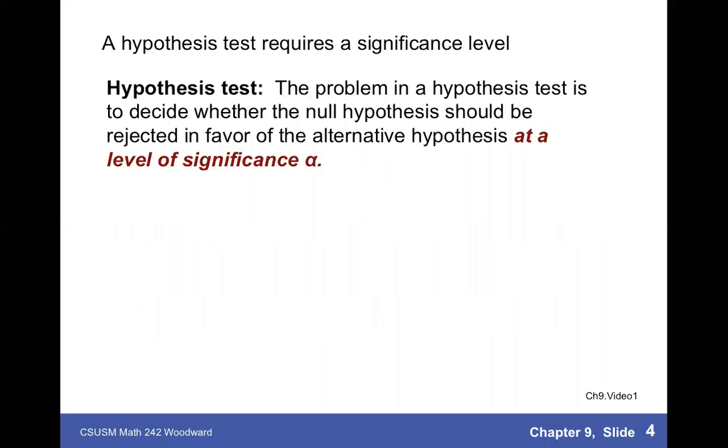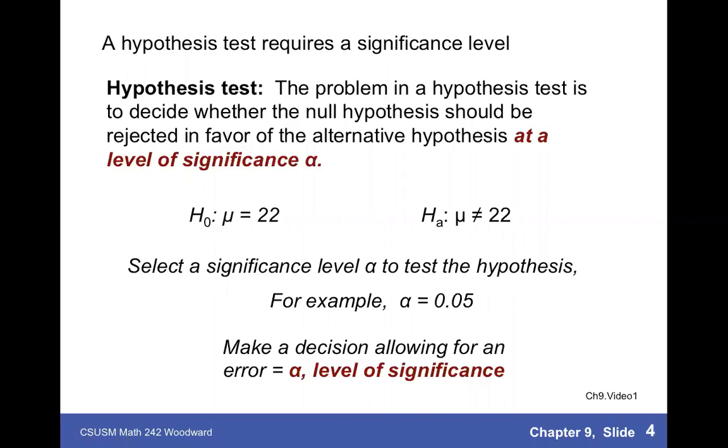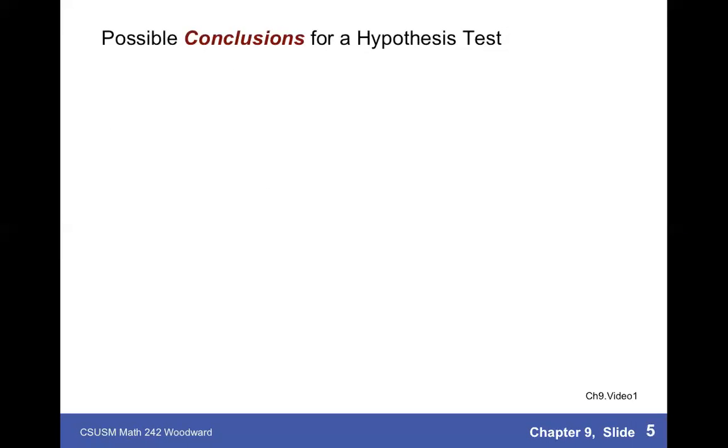And then we need a significance level, alpha. The significance level tells you what type of error you might make, how big your error might be. For example, alpha is 0.05, and alpha is allowing for an error. And we make a conclusion.